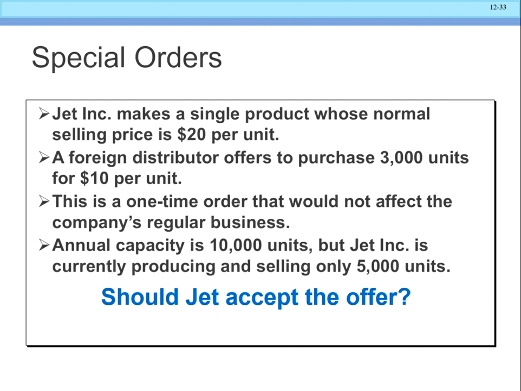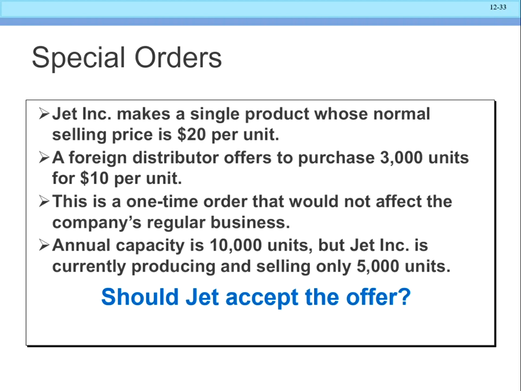On the face of it, this looks unreasonable, because how can a business which is selling at $20 accept something that is now half the price? But the story doesn't end there. We now need to understand whether this Jet Incorporated can still manufacture the 3,000 units within their capacity, which they are not using.